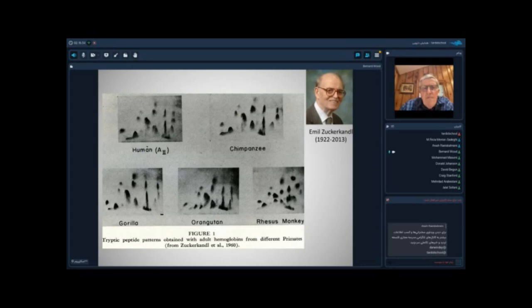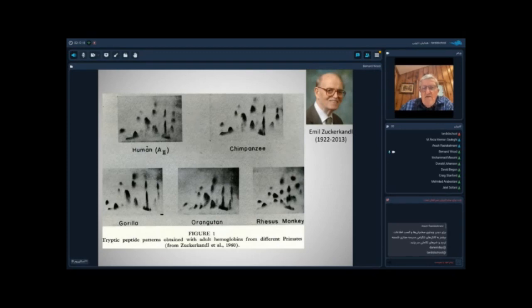And when you visualize the peptides, when you spray material onto the gel, you can see that the patterns of modern humans and gorillas are almost indistinguishable. But they can be distinguished from the gorilla and the orang, and especially the rhesus monkey.